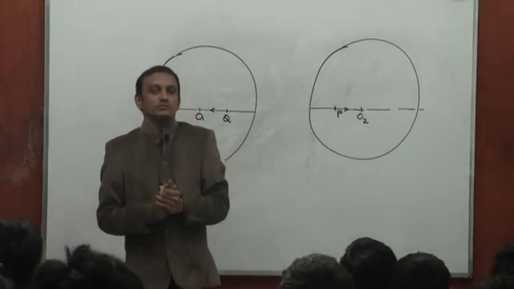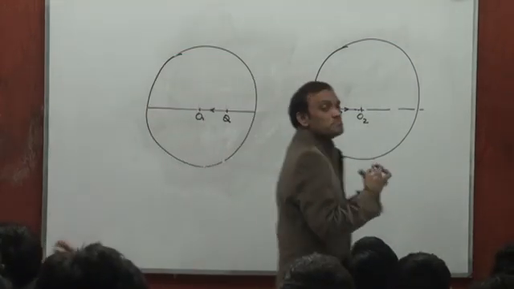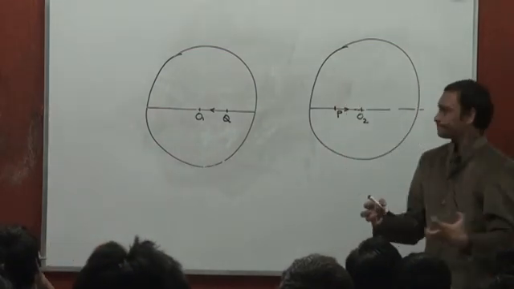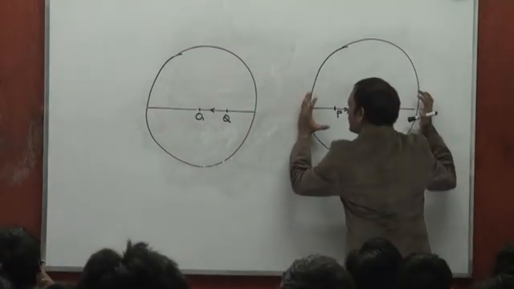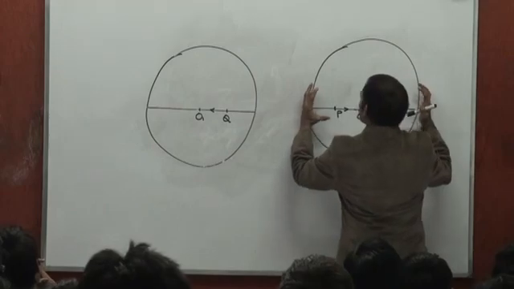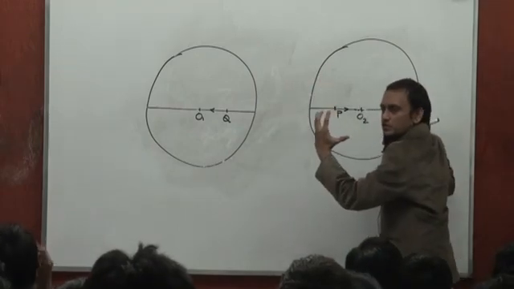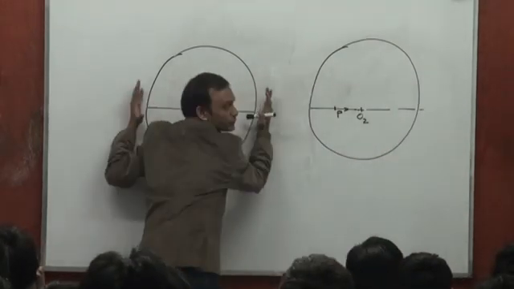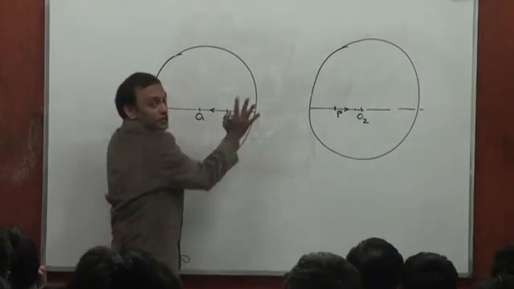What we could do is mentally imagine physically lifting this auxiliary circle and flushing it with the other one.